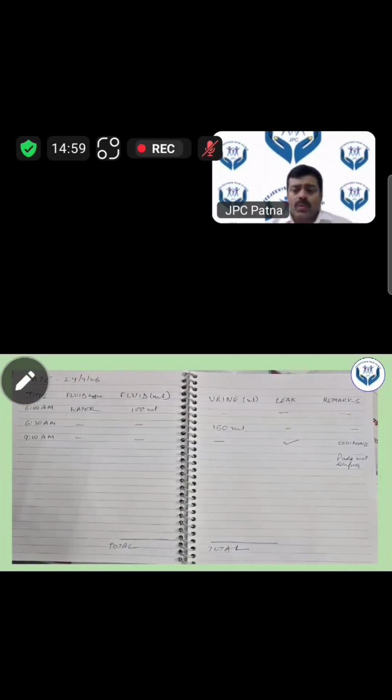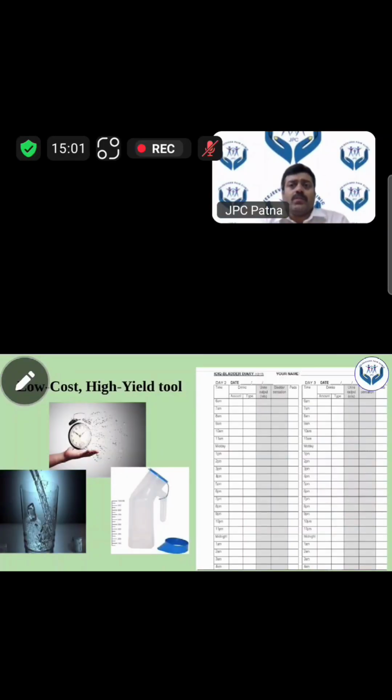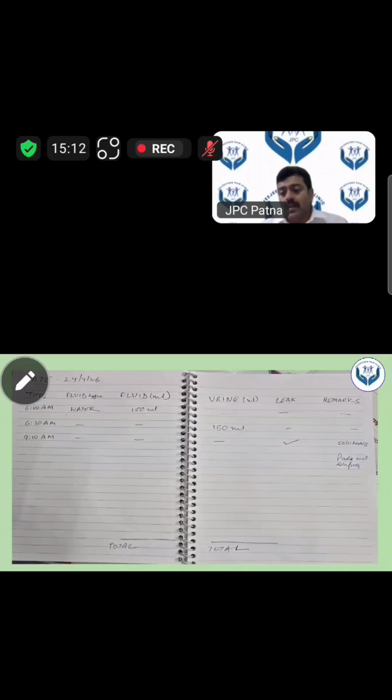Now, if you look, this is a slight piece of paper which in any developed country people will distribute among the patients with a good primary caretaker. But in our system, patients with a spinal cord injury may find it difficult. This is a self-made one, which I do prescribe.